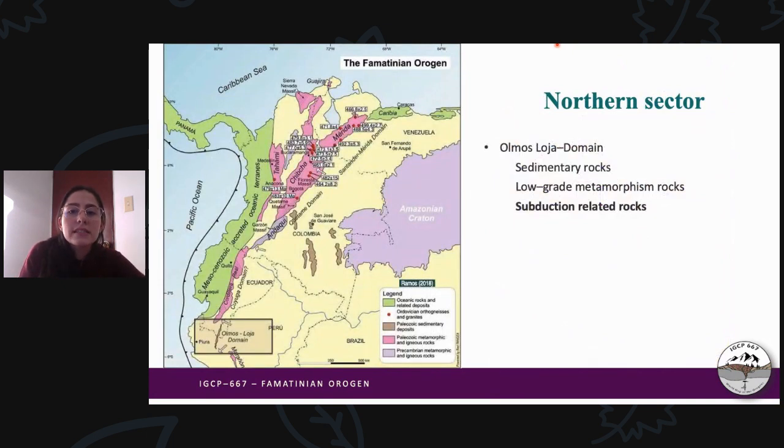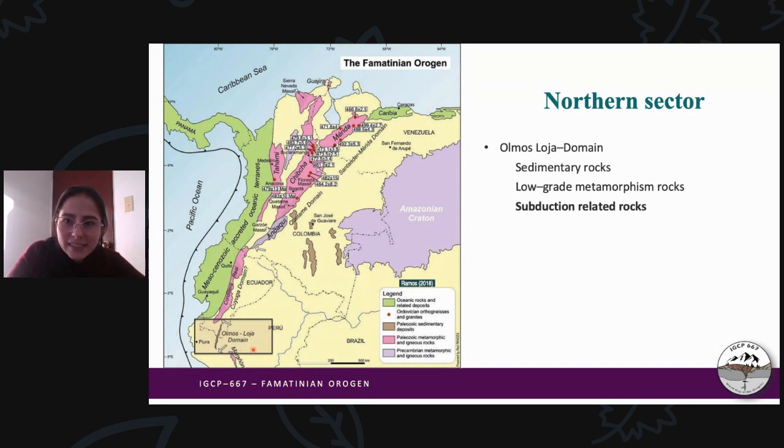Now, the northern sector encompasses the Famatinian rocks of Ecuador, Colombia, and Venezuela. To the south of Ecuador, a segment with Ordovician sedimentary and low-grade metamorphic rocks has been identified. It is known as the Almas-Loja domain.